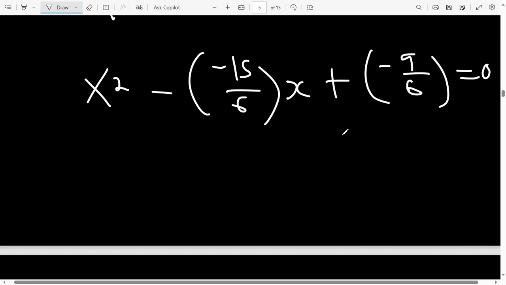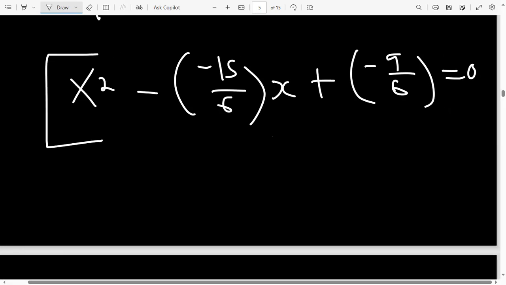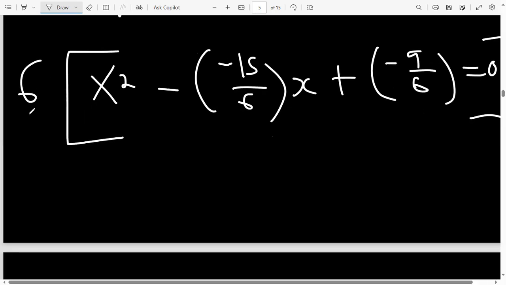And then we see that we can multiply throughout by 6 to eliminate the fractions. So we multiply throughout by 6 to eliminate any fraction. So 6 multiplied by this, we're going to get 6x squared, okay?